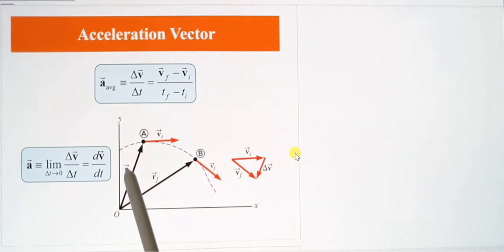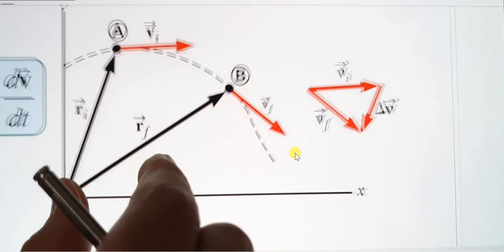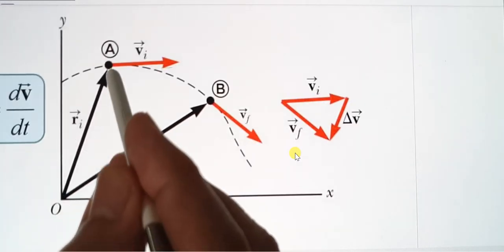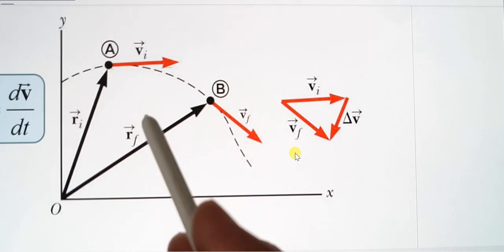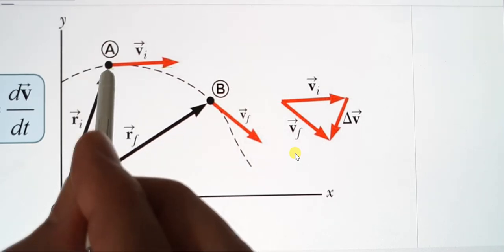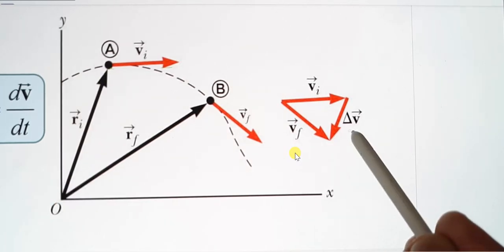V initial is this one. Let me enlarge it a little. So this is R initial, and this is R final. V initial is the derivative of R initial, so that's V initial. This is V final. So where is delta V?